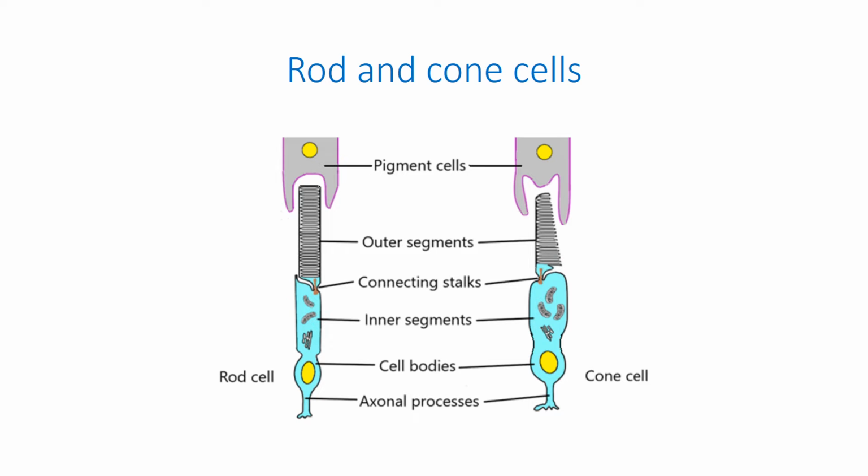The components of discs are synthesized in the inner segment and transported along microtubules of cilia toward the outer segment. Cell bodies of photoreceptor cells form the outer nuclear layer of the retina. Their synaptic processes form contacts with processes of bipolar and horizontal neurons.